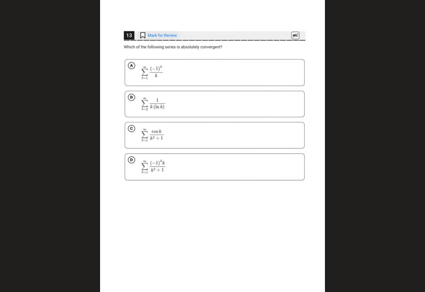Okay, so which of the following series is absolutely convergent? If we only want to know which ones are absolutely convergent, we'll just forget about the alternating series part, because to be absolutely convergent, the absolute value, without the alternating series part, has to be convergent. And if that's convergent, then the alternating series itself will be convergent every time. So we'll just look at the absolute value of these terms.